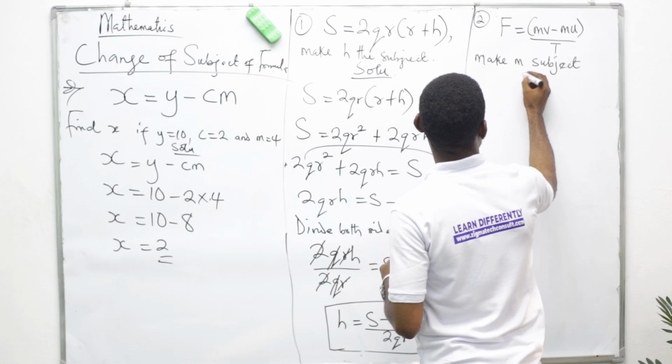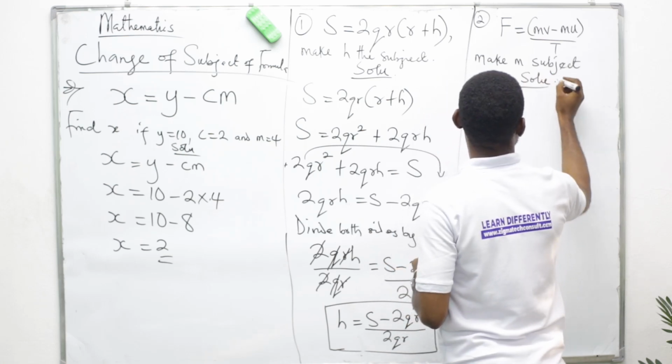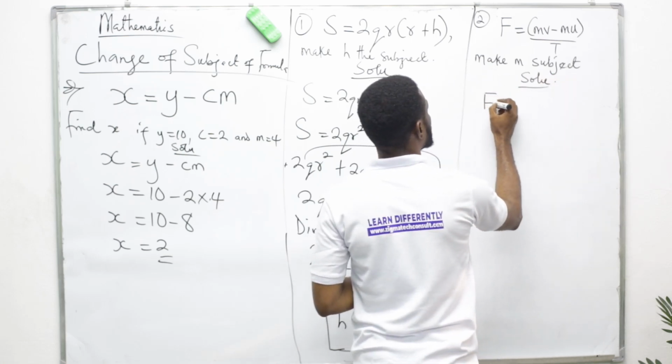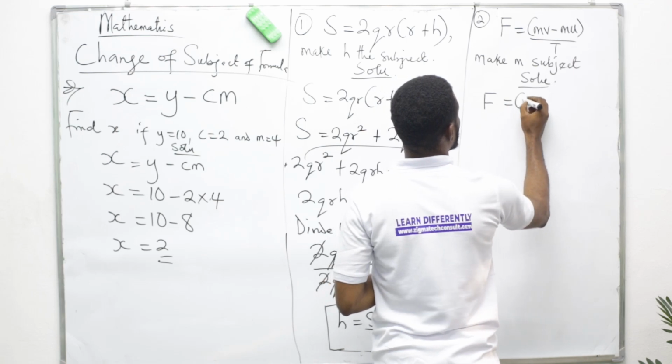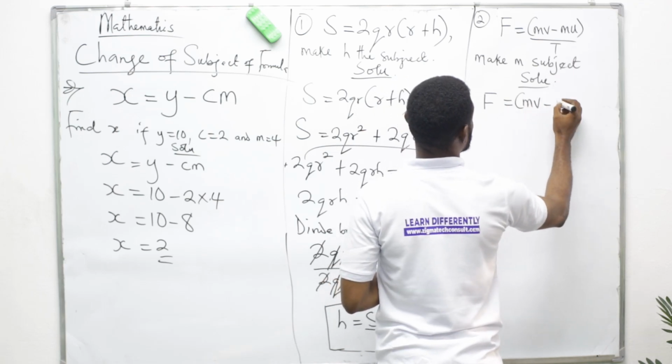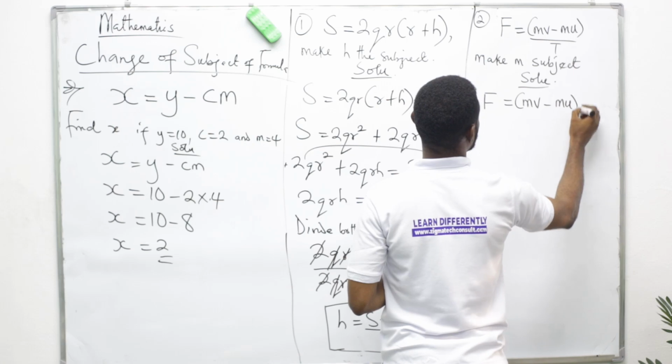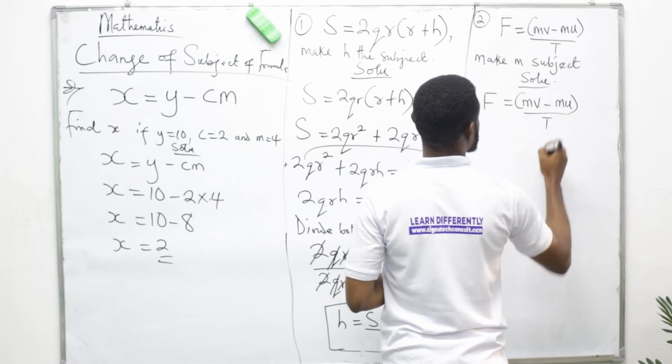Okay? So our solution is this way. We have F is equal to MV minus MU all over T. Always write your question out.